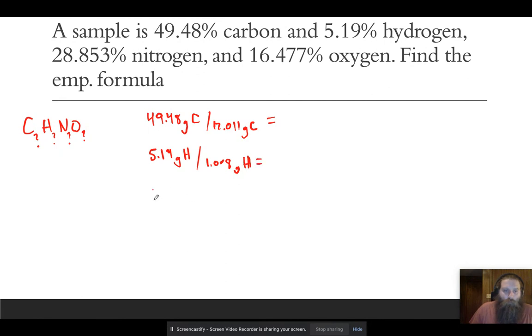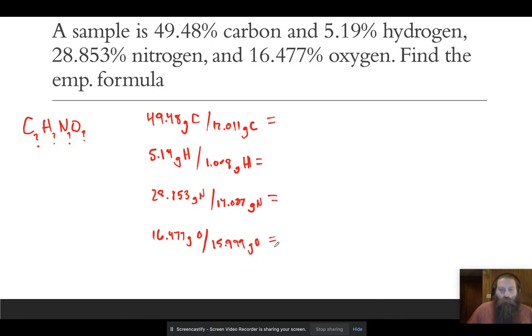We'll do 28.853 grams of nitrogen divided by 14.007 grams of nitrogen. And finally, we'll have 16.477 grams of oxygen divided by 15.999 grams of oxygen to get moles of oxygen.